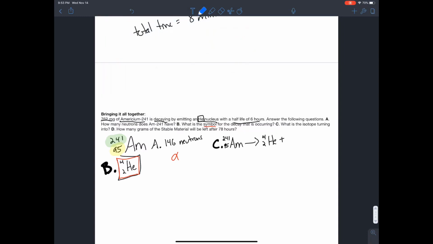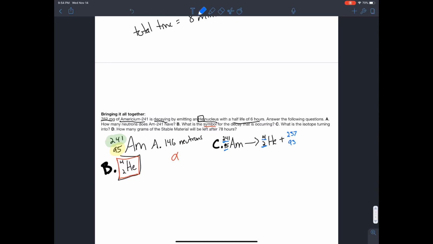If it's giving off a helium nucleus, that means the atomic number is dropping by 2. 95 minus 2 is 93. It's going to be down here. And then the atomic mass is dropping by 4. 241 becomes 237. So we know that the atomic number is 93.